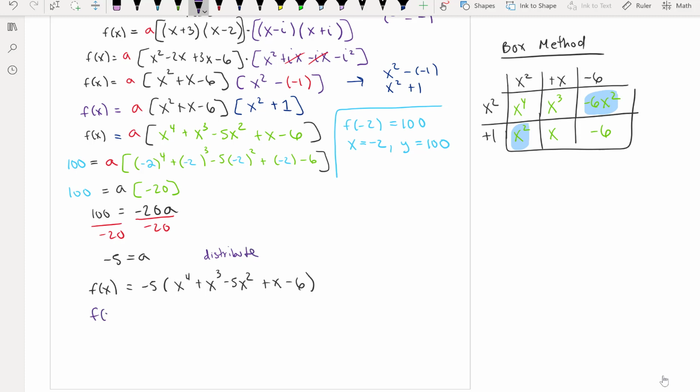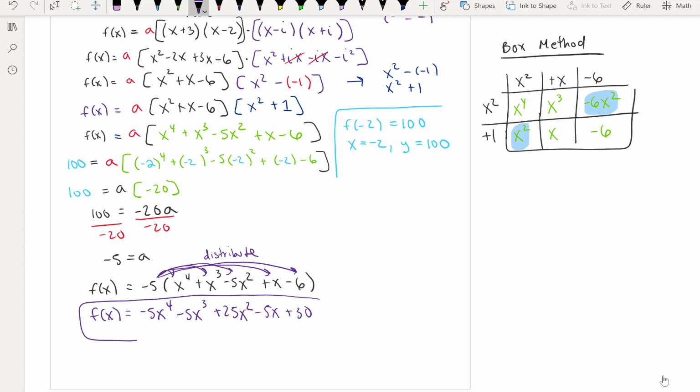So that I can get f of x is equal to negative 5x to the 4 minus 5x to the 3 plus 25x squared minus 5x plus 30. Since I multiplied everything by a negative 5. And that ends up becoming my final answer. Okay.